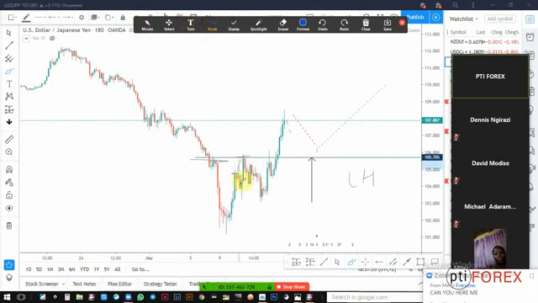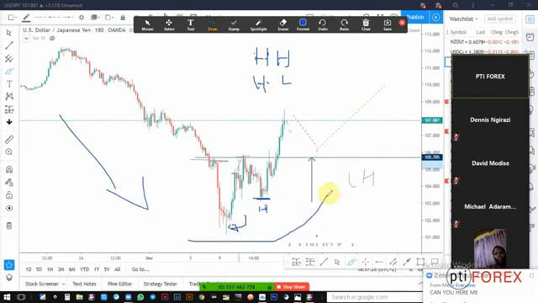And the low here is now higher than the previous low. So now the market is starting to form higher highs and higher lows, meaning the momentum has changed from a downside momentum to an upward momentum.